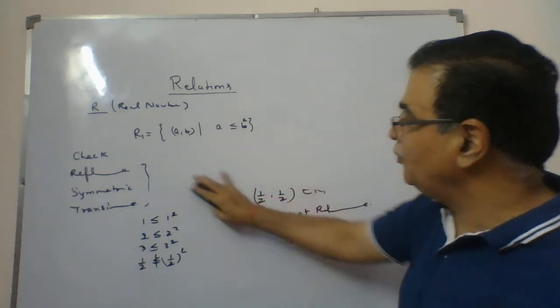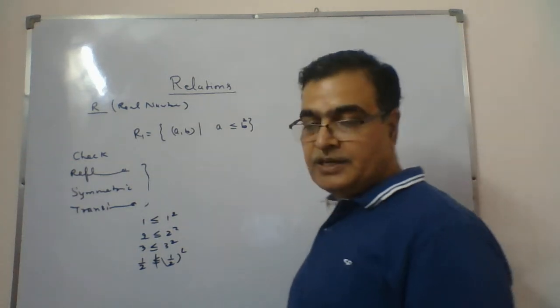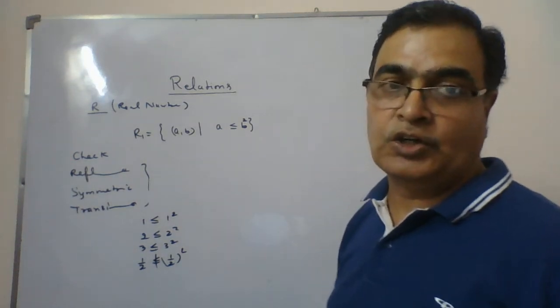In symmetric, what we want is: if A relates with B, then B relates with A. Is it necessary or not?